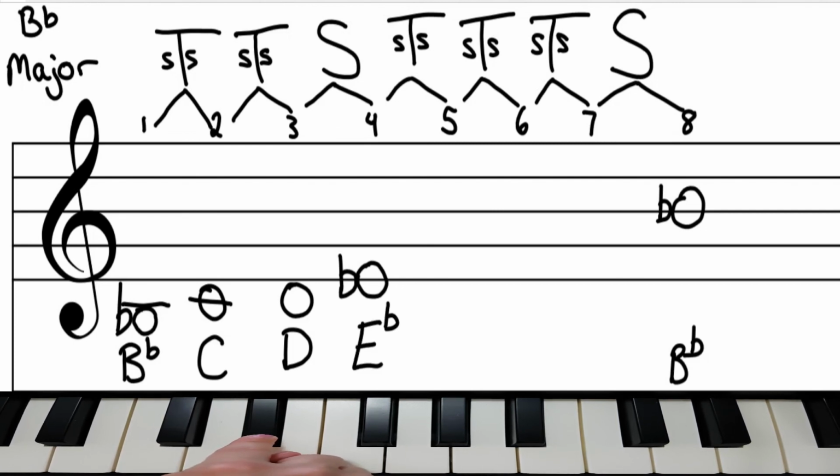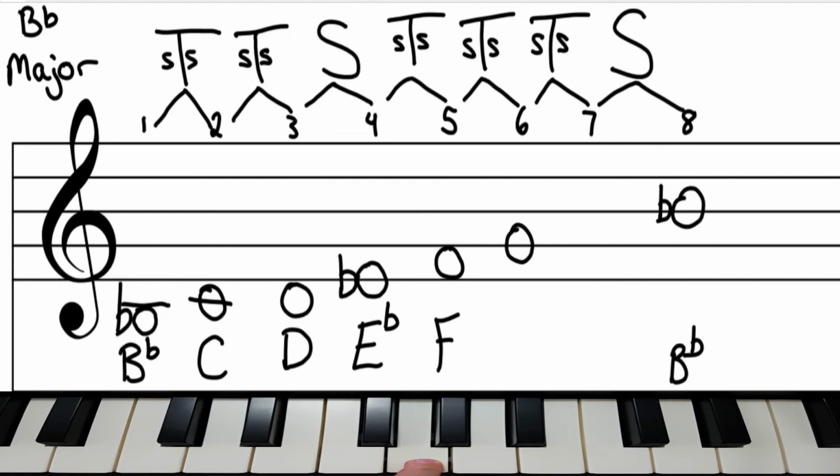Next, we need to move up another tone. 1, 2 to an F. Another tone, to a G, and our last tone of the major scale, moving up from a G to an A, and making sure that an A to a B flat is correct as a semitone.